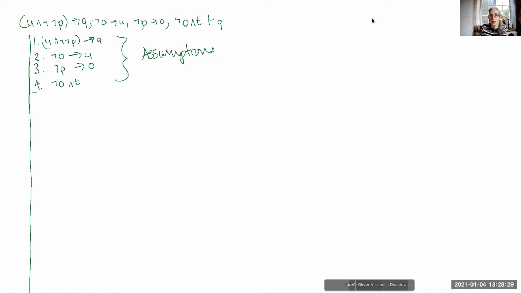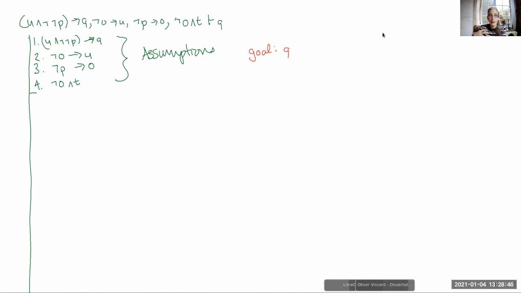And then, as we sometimes like to do, we will keep a little bit of notes to ourselves of what we're trying to do. Our goal is to get the conclusion, which is Q. Now, Q is an atom. What does our strategy tell us to do when you want to prove an atom?